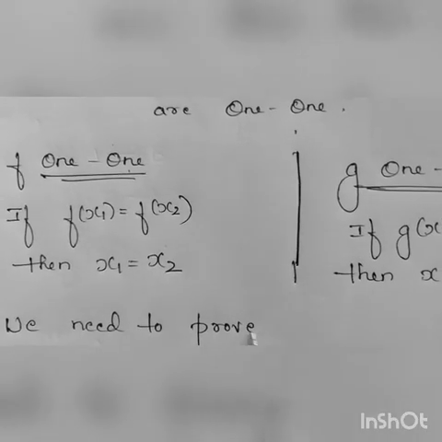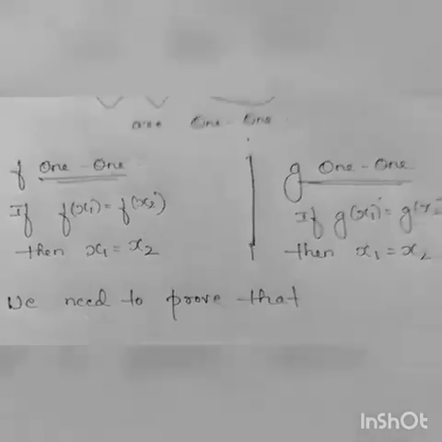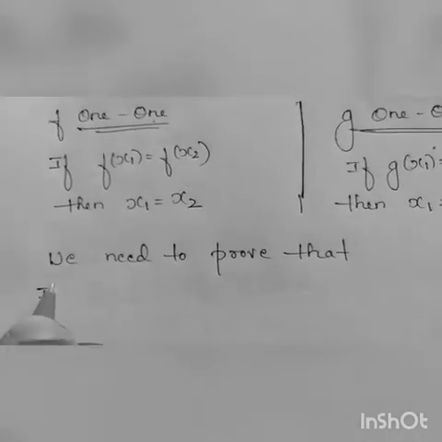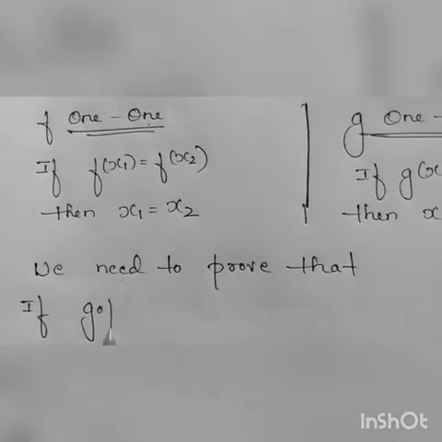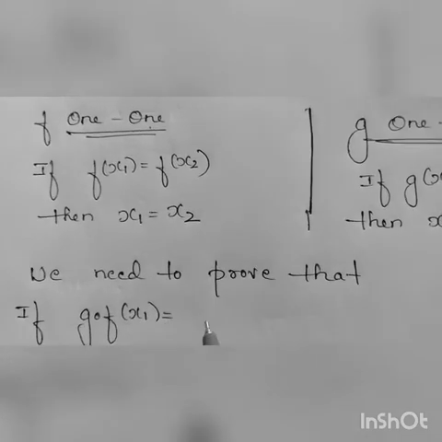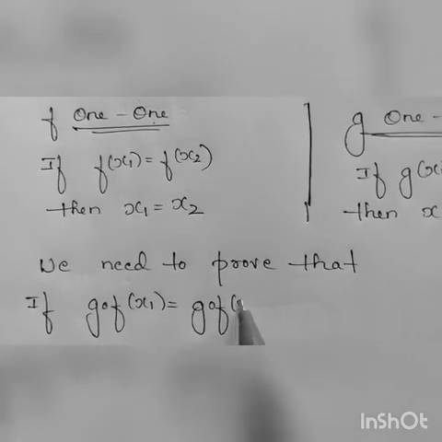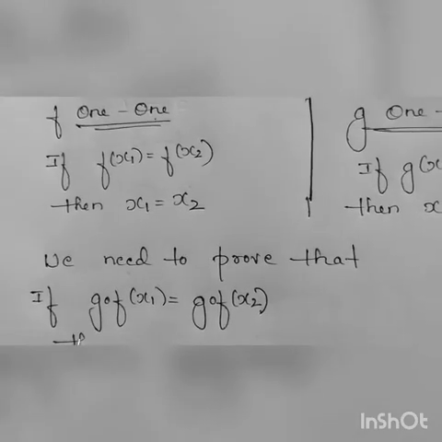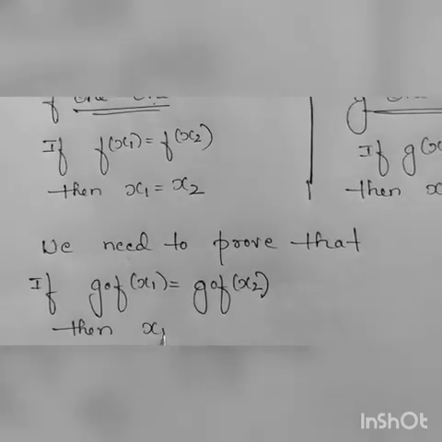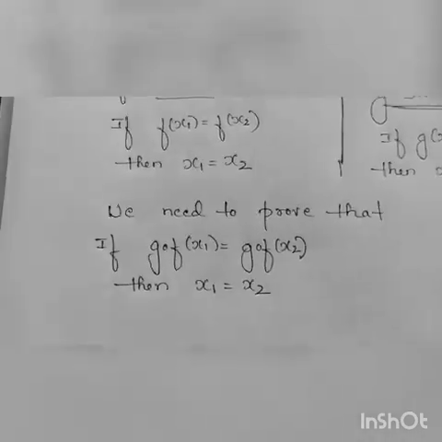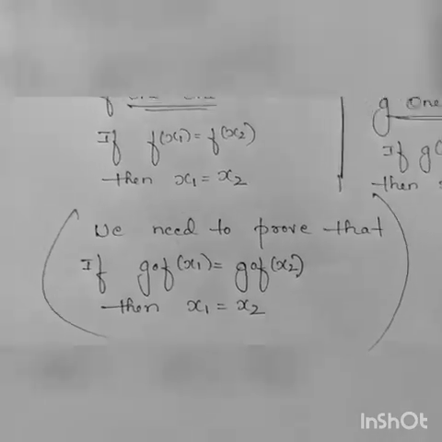We need to prove that if g of f of x1 is equal to g of f of x2, then x1 is equal to x2. We need to prove this.